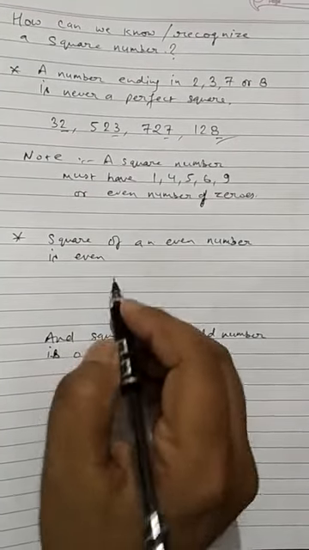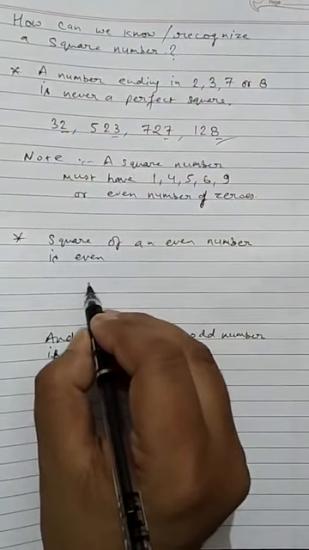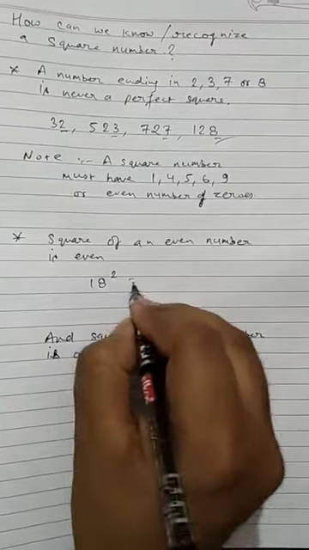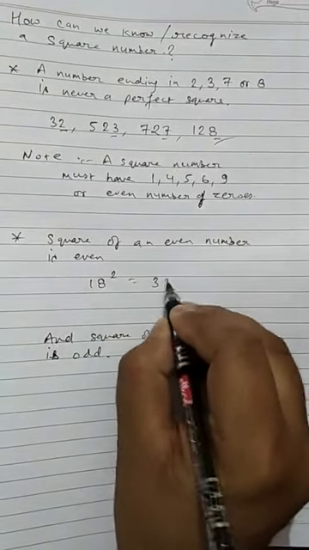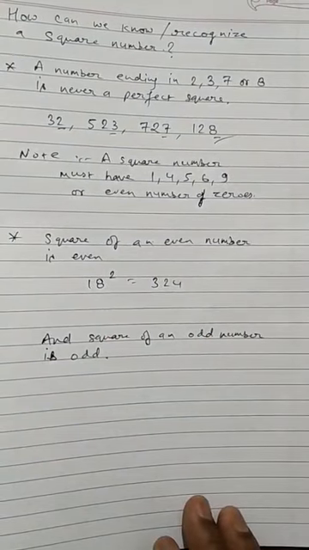Suppose we take an even number. Let me take 18. 18 is an even number, so its square is 324. This is an even number.